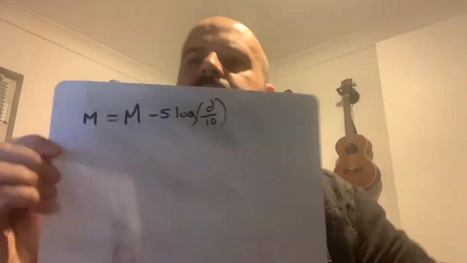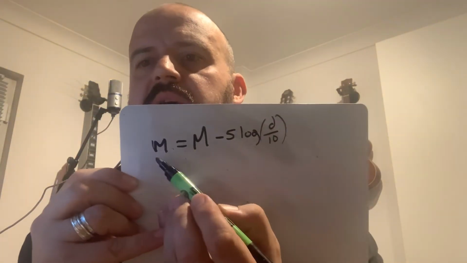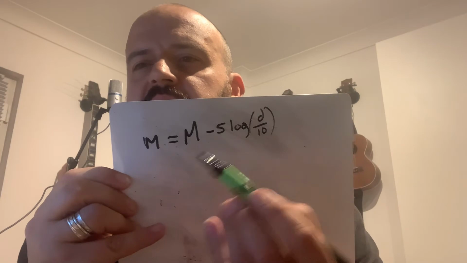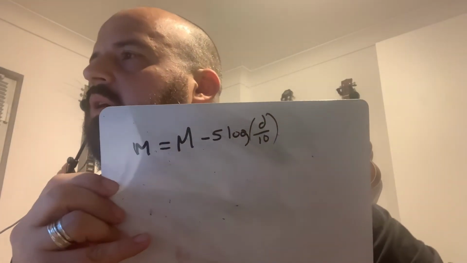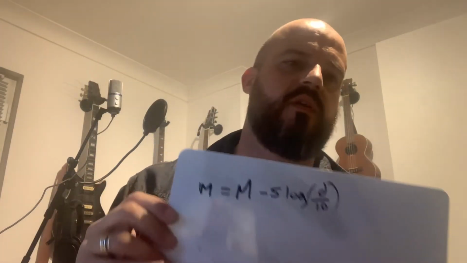Now remember, the equation, I will write it out here, is as follows. Our apparent magnitude, which we've got a value of 1.98.